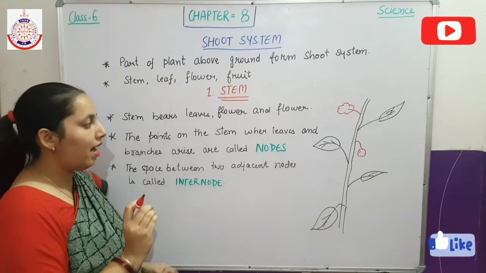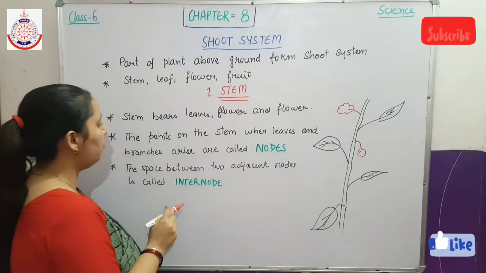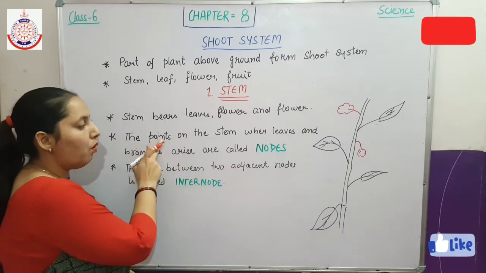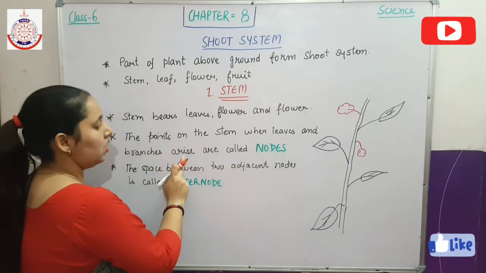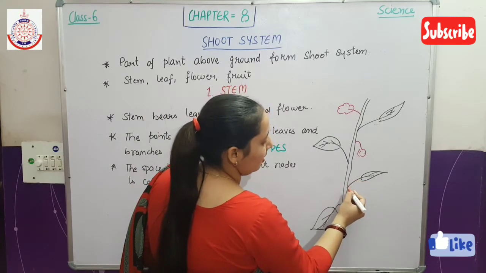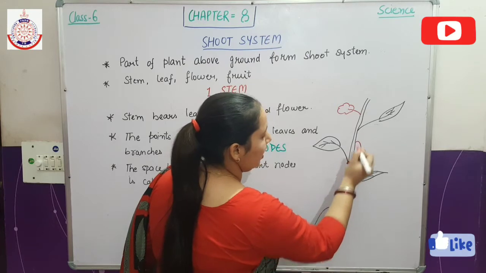So it has some different parts. Firstly we will discuss nodes. What are nodes? A node is the point on the stem where leaves and branches arise. This is the point which I am darkening.